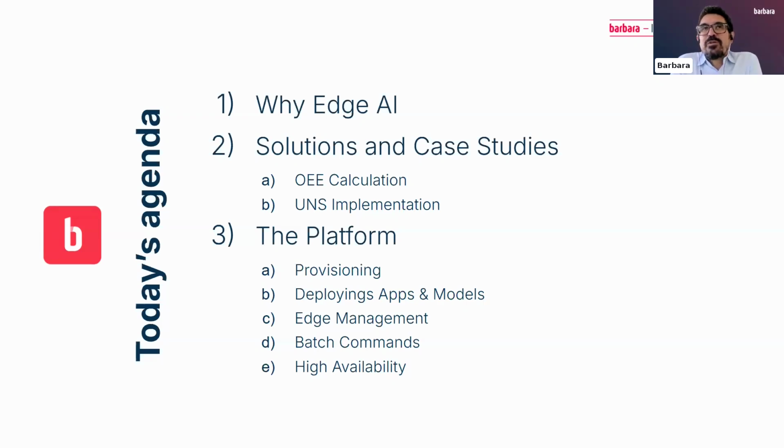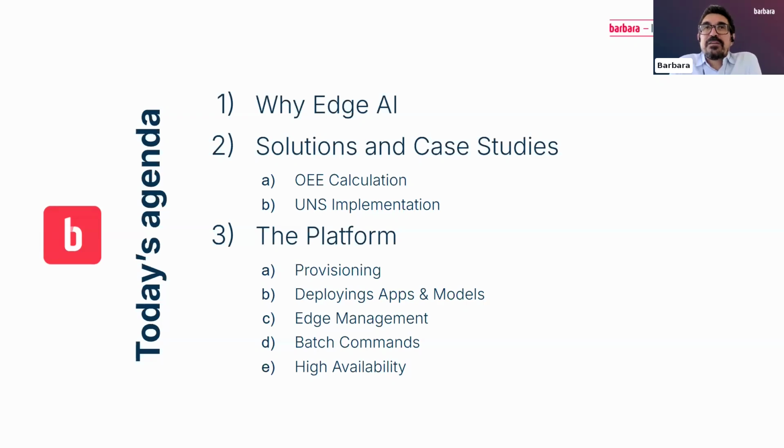Then we are going to overview a complete UNS implementation. Also using Barbara, we will see how to deploy all the applications needed to have a complete UNS system, to get all the information in a company and have this single source of truth that we always use in UNS.